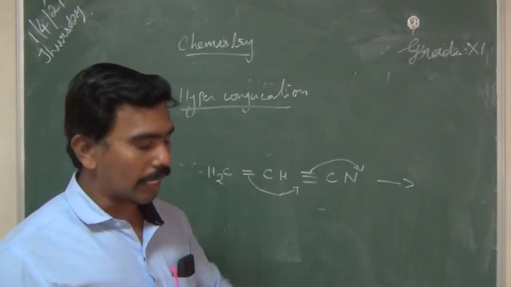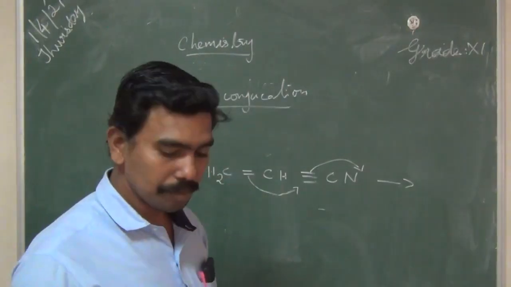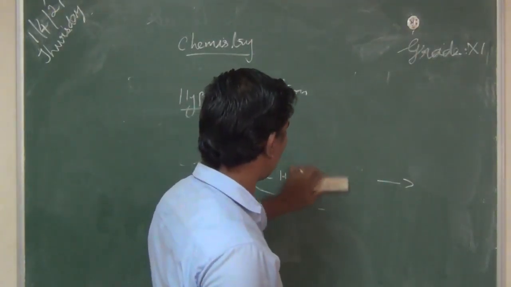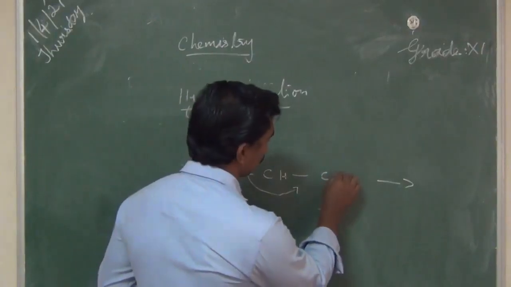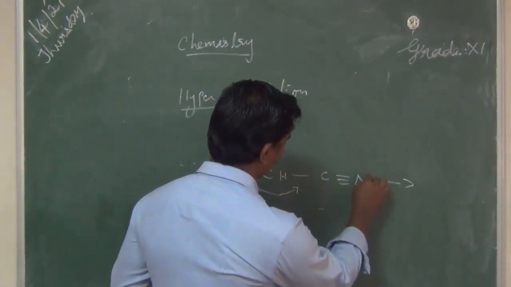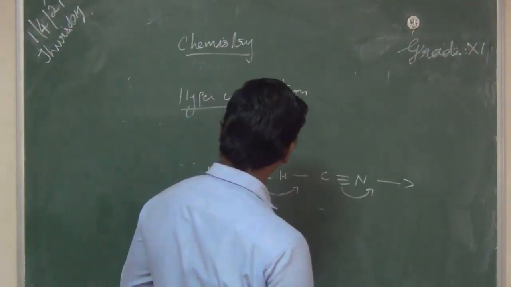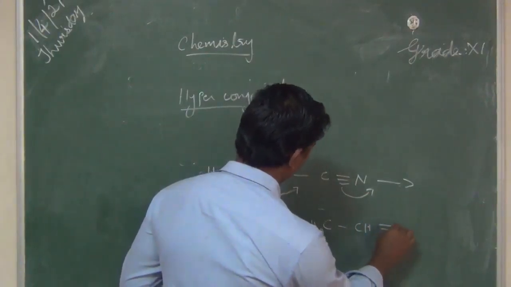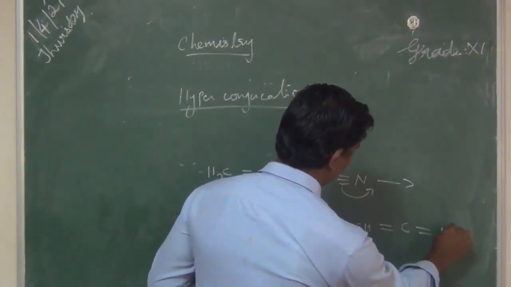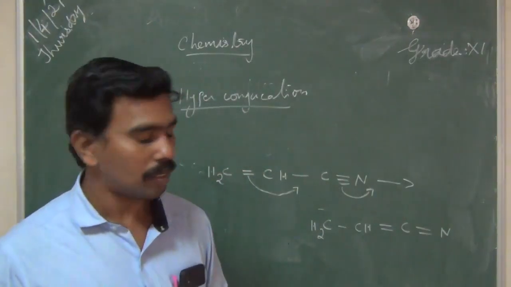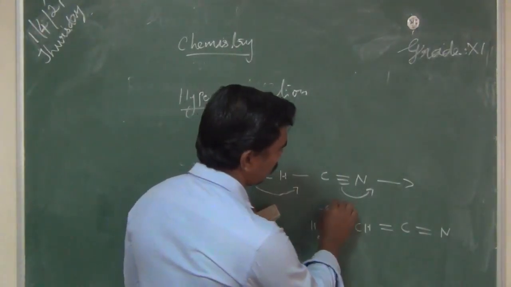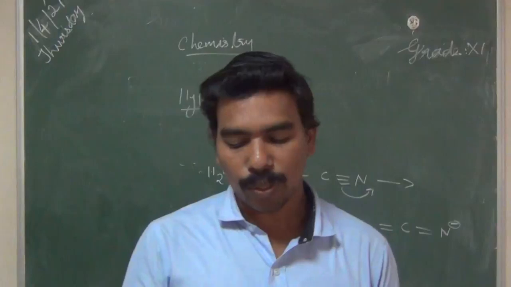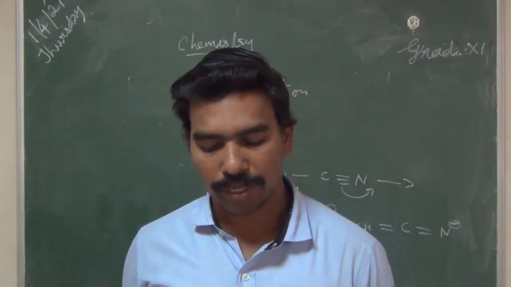So this is the arrangement. This is the electronegative atoms or group of atoms conjugated with the pi bond.